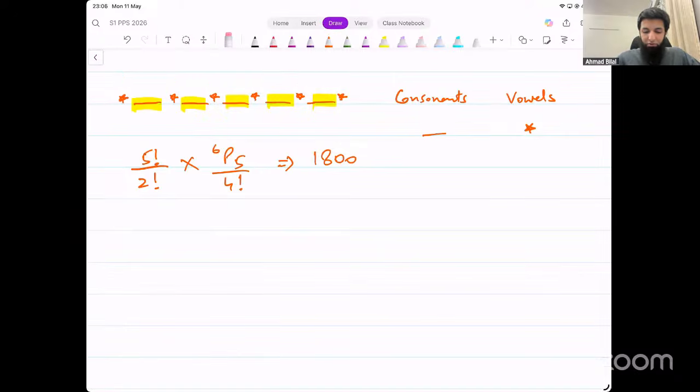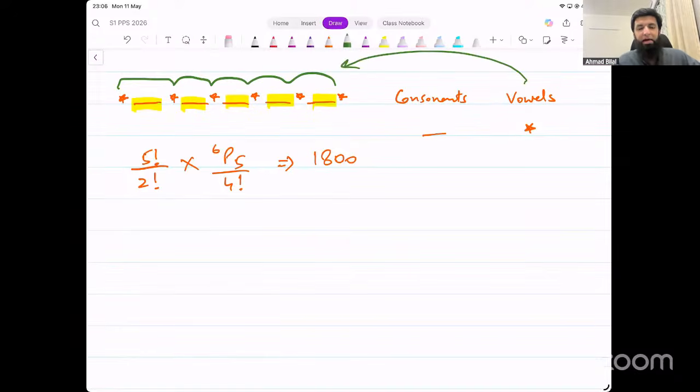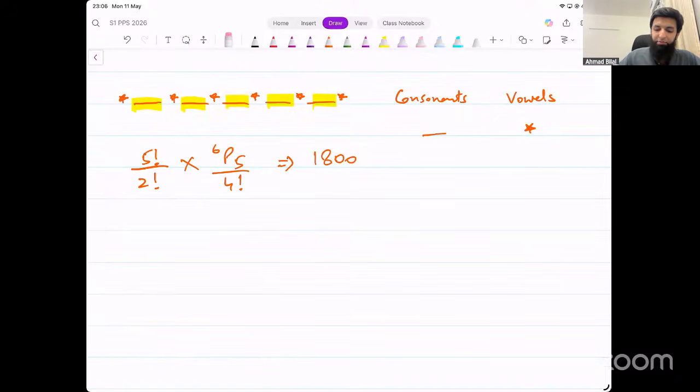Now, if we do 6P5 here, what we're saying is, out of these 6 places, we want to arrange 5 vowels in those 6 places. Now, what would happen is, for one possible arrangement of vowels, for example, they could come in these positions, 1, 2, 3, 4, 5.